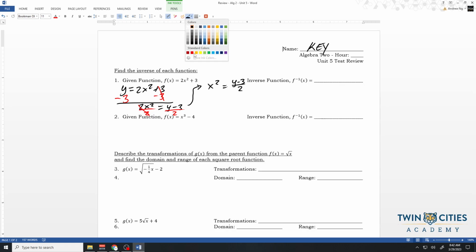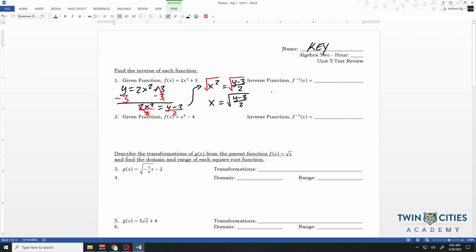And take the square root. So x is equal to, and I'll leave this as, the square root of y minus 3 over 2. Once x is solved, step 3 is to swap x and y. So any x that I see will become y, and any y that I see will become x.